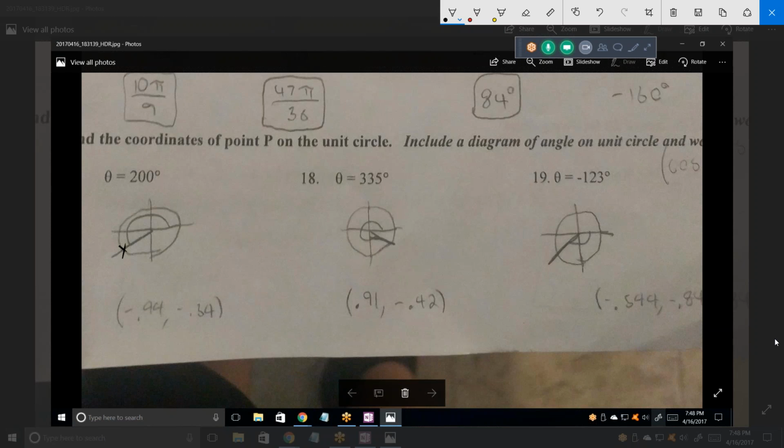First of all, what's the reference angle? Let's put a reference angle in there because it's going to be easier to analyze. 20 degrees. Okay.